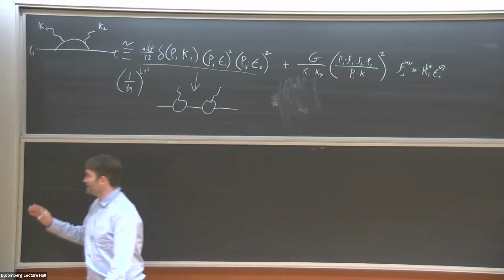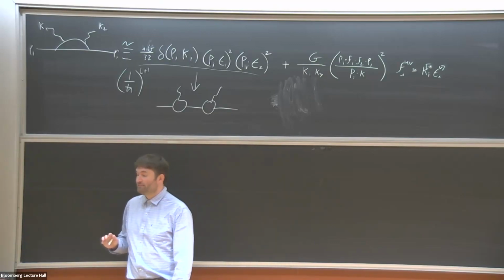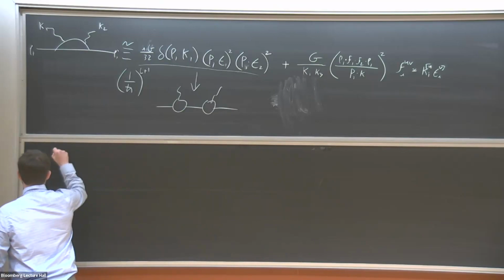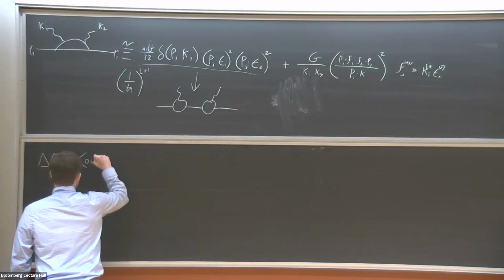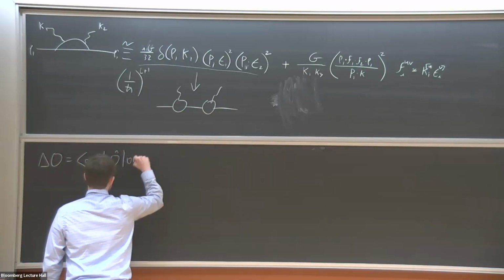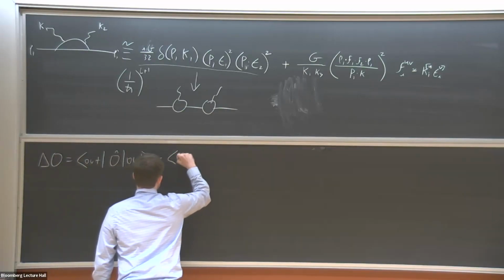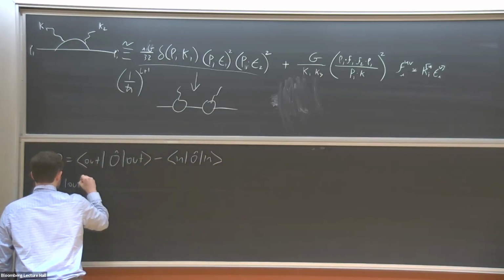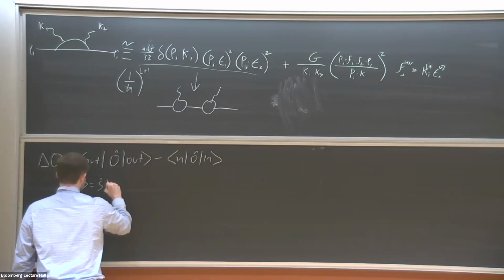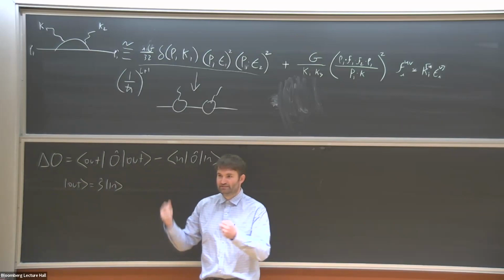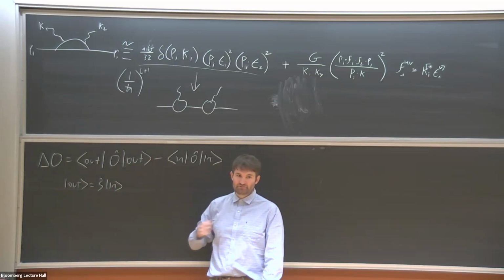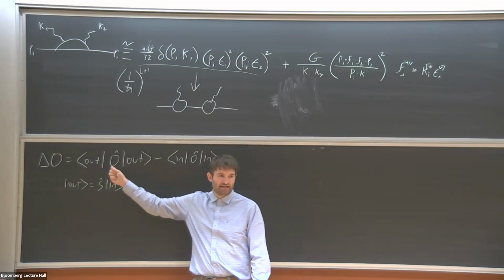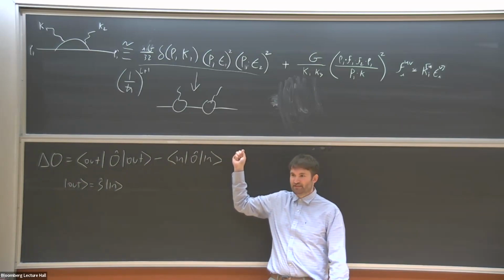What these people from a KMOC paper, whose number I don't remember off the top of my head, tell you is that the way you should compute an observable is you take your in state, you evolve it using the scattering matrix from negative infinity to infinity. This gives you your out state, and you measure your observable in the out state, and then you subtract what you would have measured from the in state.